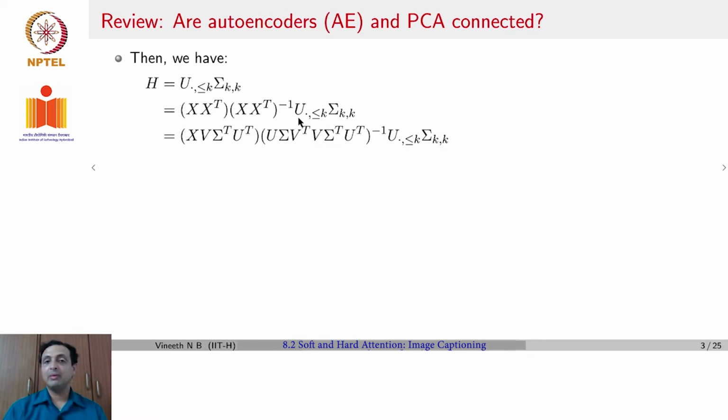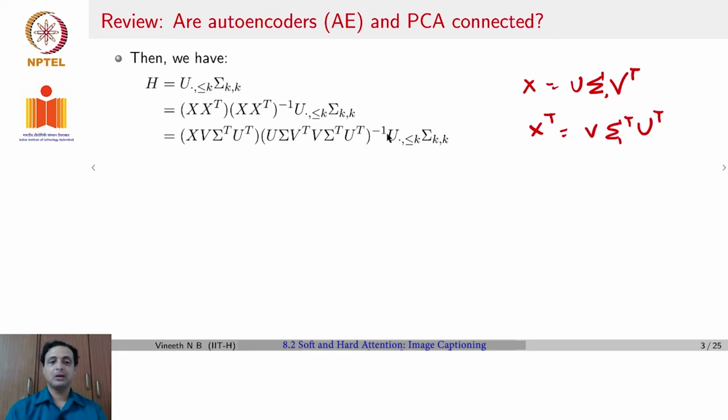Now we know from SVD of x, remember, if x is equal to U sigma V transpose, then x transpose is given by V sigma transpose U transpose. That's what we are writing here: x is U sigma V transpose, and x transpose is V sigma transpose U transpose, whole inverse.